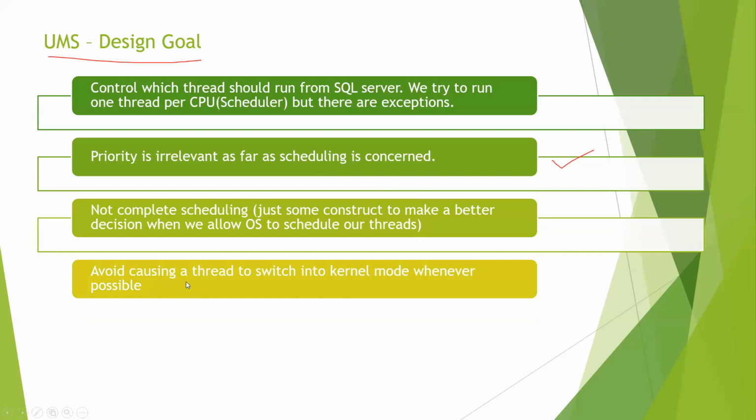Avoid causing a thread to switch into kernel mode whenever possible. That is what we call a context switch, and context switching happens in kernel mode itself. We are avoiding that because we are spawning only one thread at any point of time.